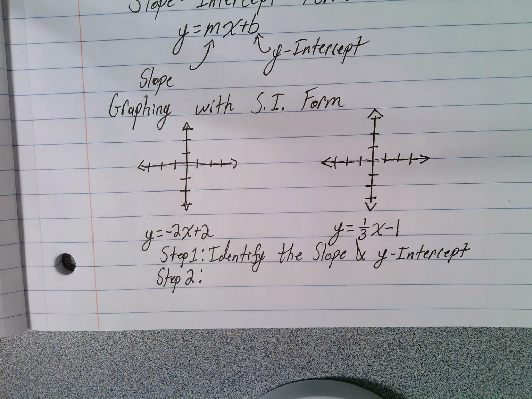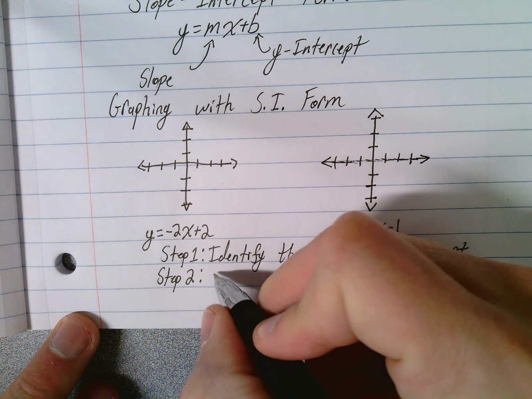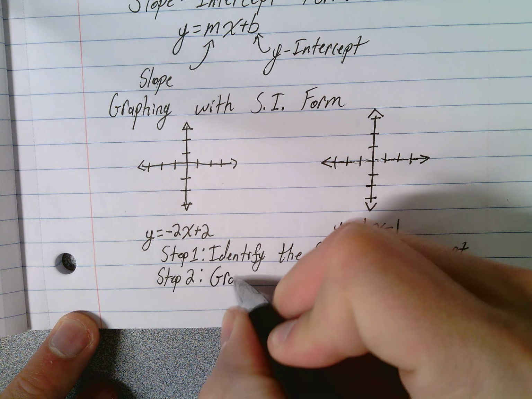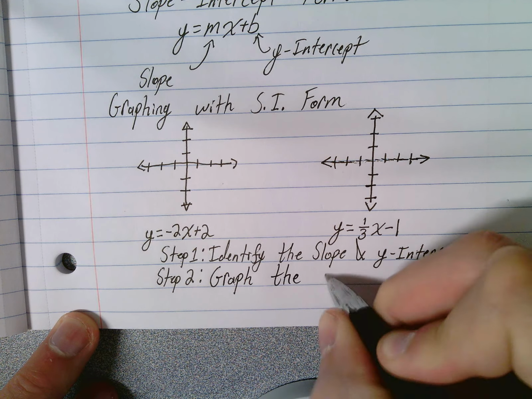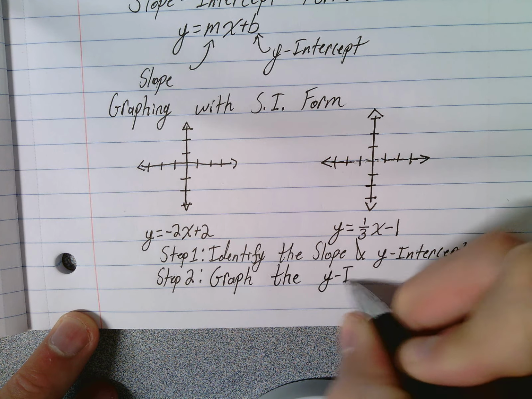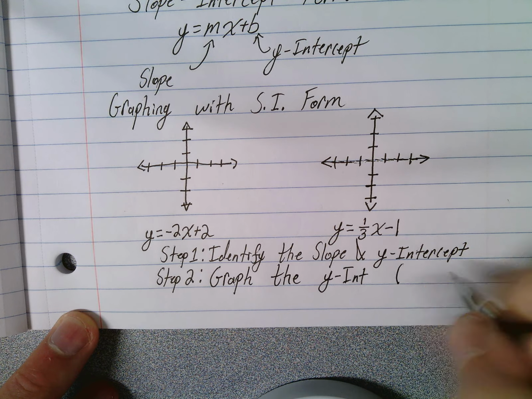Our step one is we have to know what the equation tells us, and that's our slope and y-intercept. So we identify the slope and y-intercept. Step two will be to graph the y-intercept. And remember, this will be a point, the y-intercept.